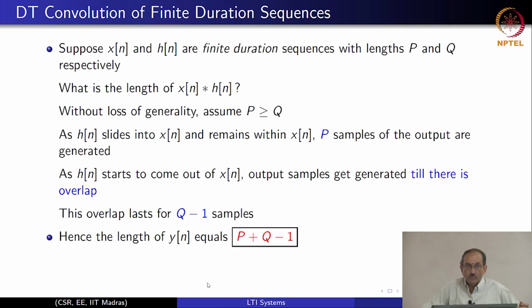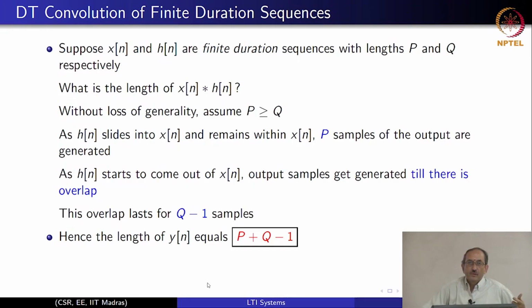You get p plus q minus 1 because when the overlap ceases, one shift means a shift by one sample. So this is the difference between continuous time and discrete time. When the overlap ceases in continuous time, the difference is just one point, and one point does not contribute to the length as far as continuous time signals are concerned.